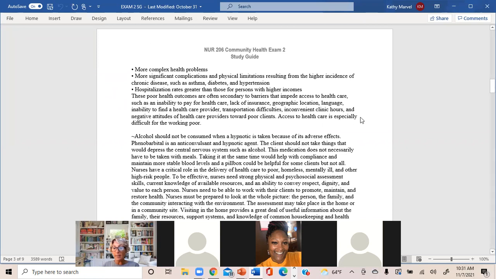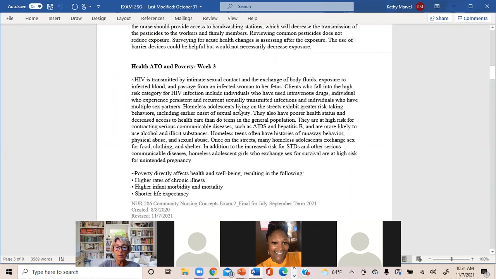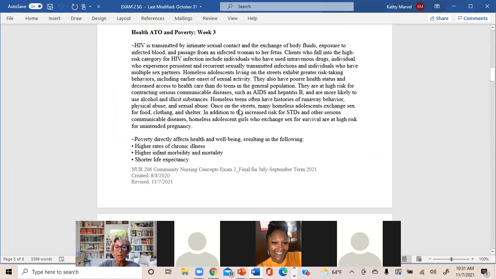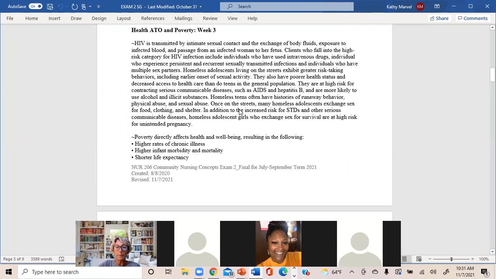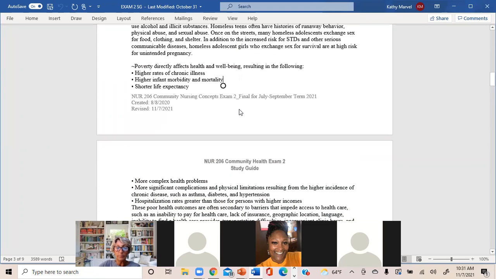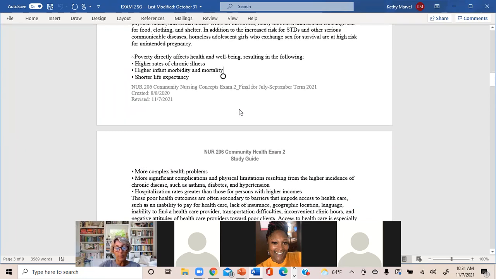And access to healthcare is especially difficult for the working poor. Okay, so this is a good section right here on how poverty affects health and well-being.